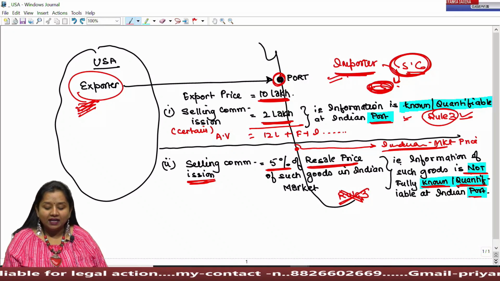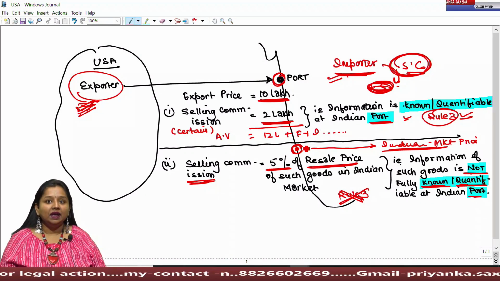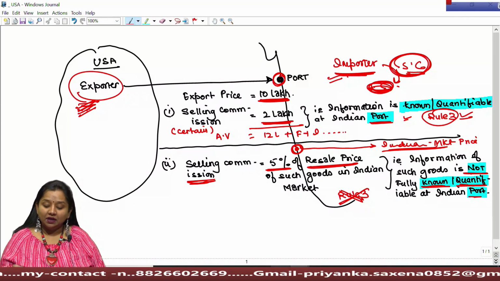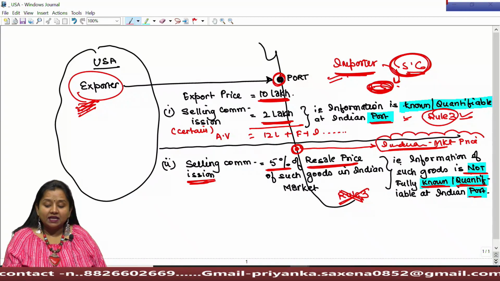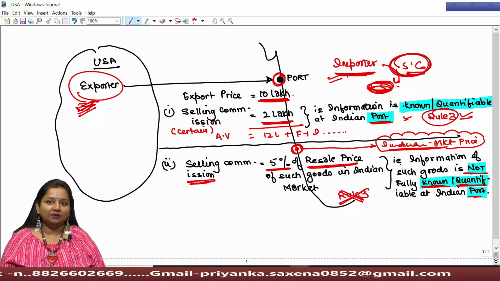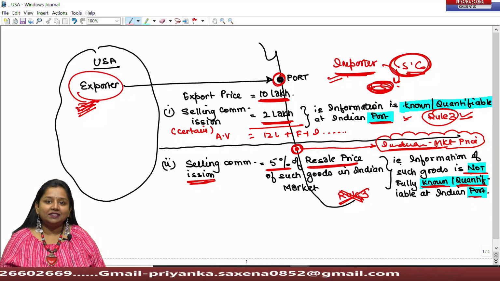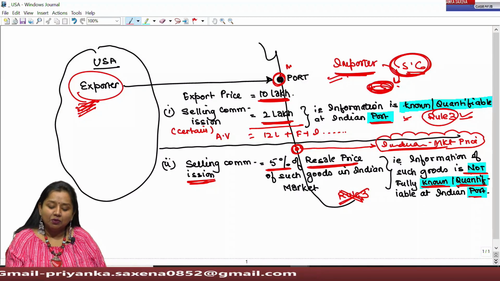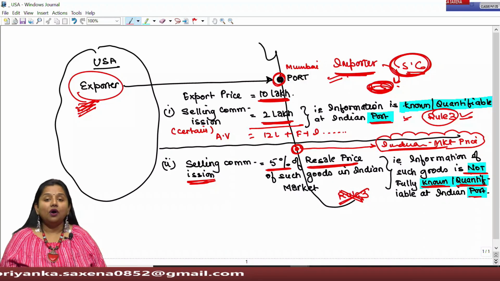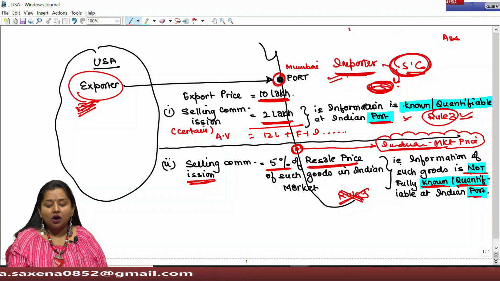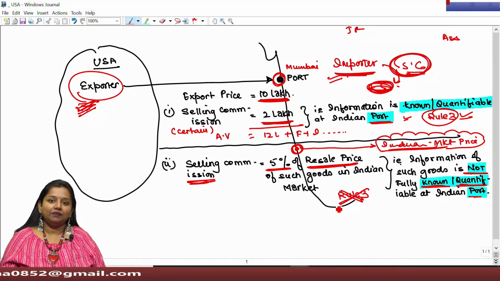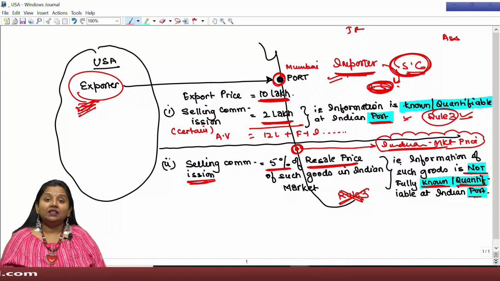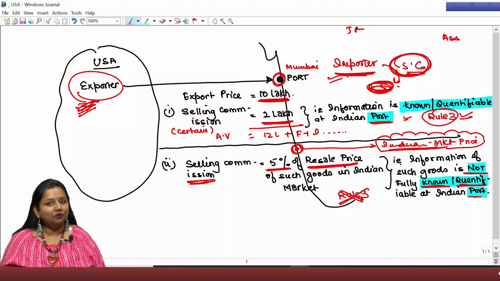Now, obviously, at the Indian port where goods are being unloaded and where the assessee has to compute duty, for which assessable value is required, the Indian market price is not known to the importer himself, because it is not ascertainable where the goods can be sold. They might be sold at Mumbai itself where they have been unloaded, or they might be sold to Assam or Jammu or Kerala, etc. And since the buyer's premises could be any place throughout India, the freight and cost of transportation could vary.